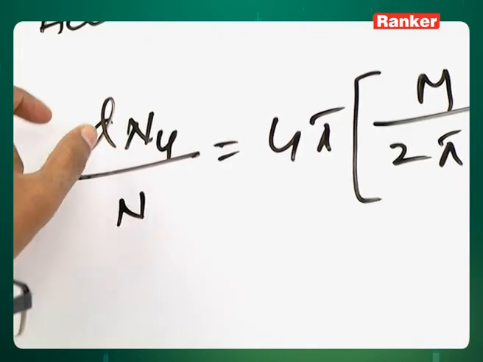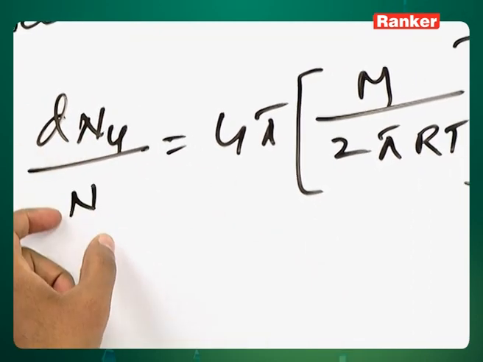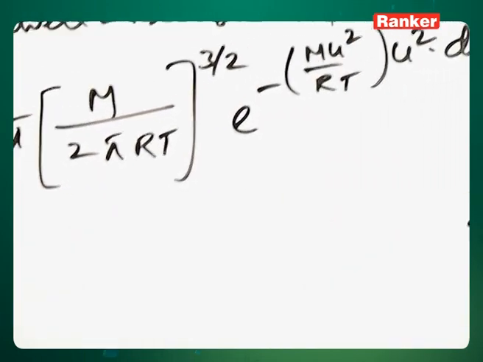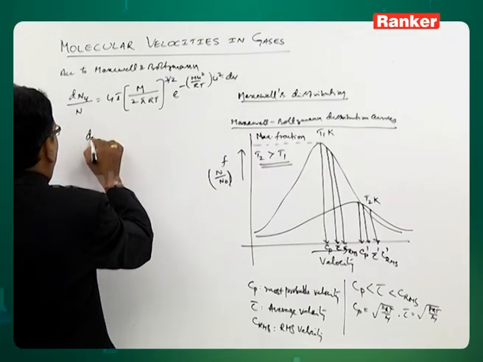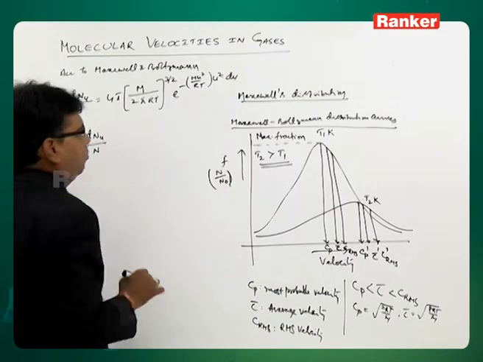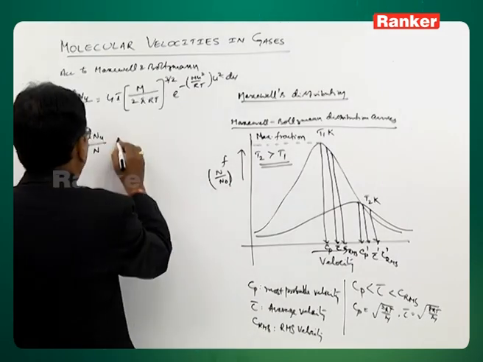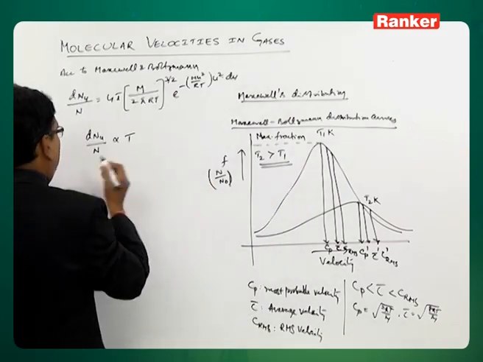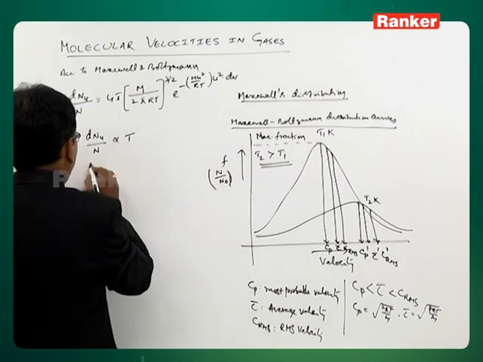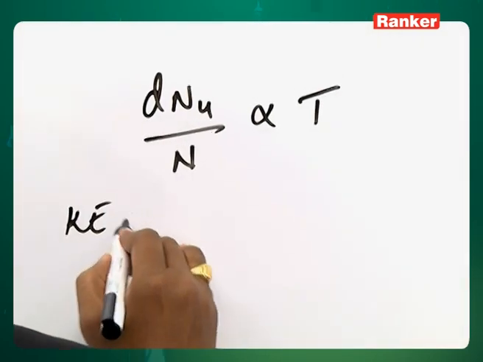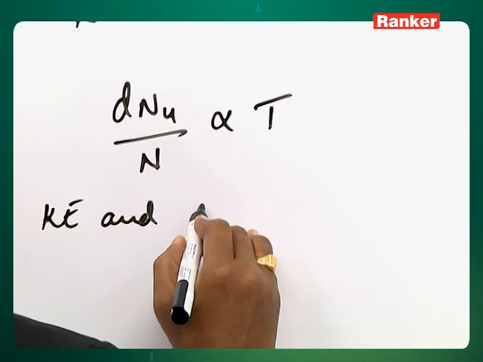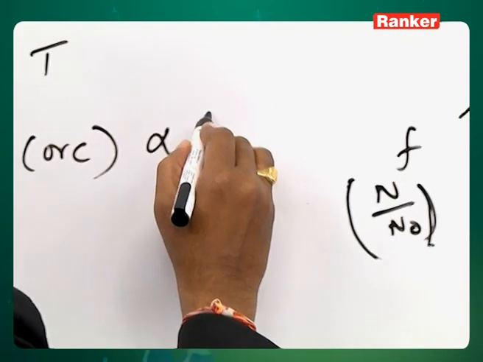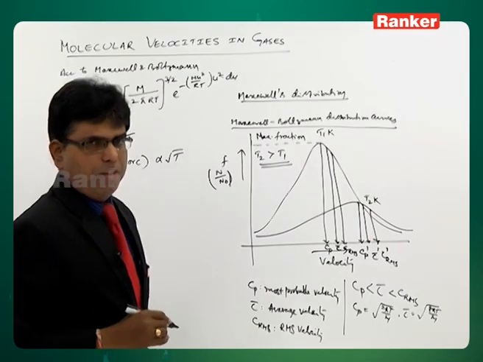With change in velocity u, for the fraction of molecules possessing that particular velocity to the total number of molecules, this is the distribution. From this what we can understand is that dn_u by n, the fraction of molecules possessing a particular velocity, depends on T. With increase in temperature that increases, and as we know very well, velocity u or c is proportional to the square root of temperature.